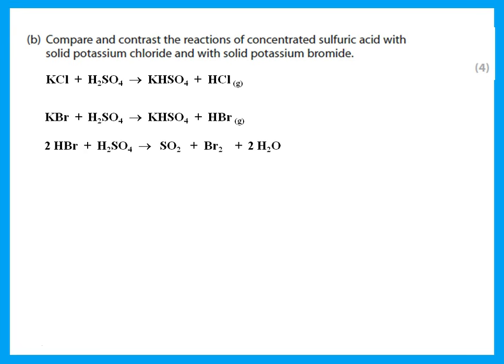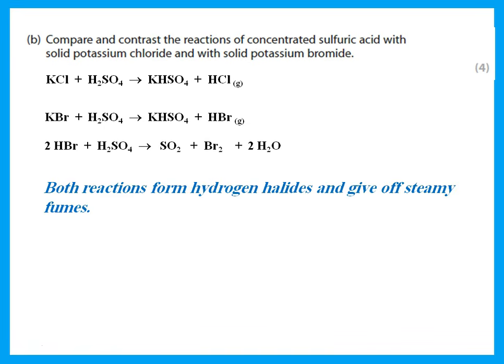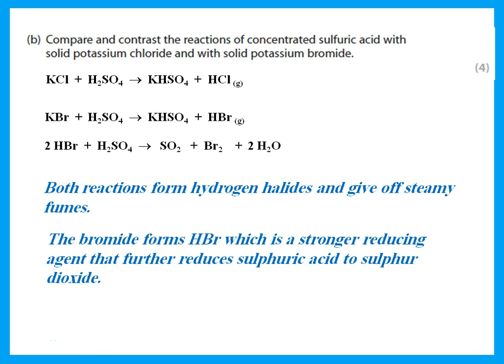But with the bromide, we said it will form the hydrogen bromide. So both of them form hydrogen halides that give off steamy fumes. But then the bromide, when it forms the HBr, is a stronger reducing agent. It will further react with the sulfuric acid to form sulfur dioxide and bromine.